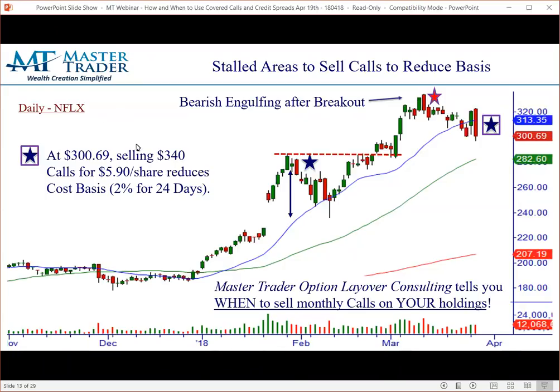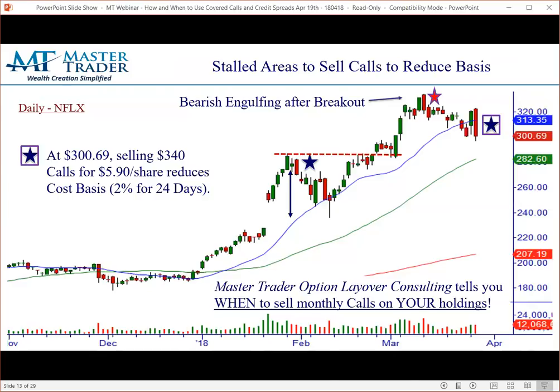Now this makes a very ugly kind of lower pivot high. And I just put the math over here. I'm not going to show you all the detailed quotes on every one. So into the close right here is $300 and change. Way over here, $340. That's $39 higher that you're agreeing to sell your Netflix for, for 24 days.